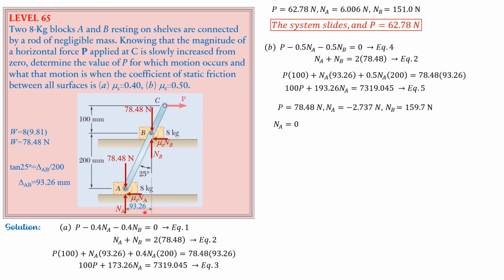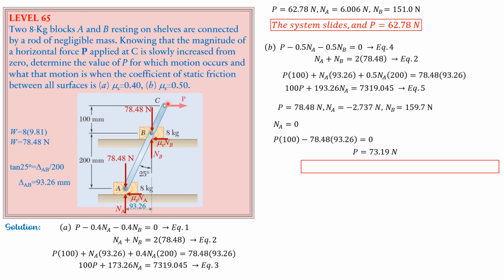Then we sum up moments about B. Take note that there's no NA and there's no friction under block A. So summation of moments about B equals 0: P times 100 minus 78.48 times 93.26 equals 0. So P is 73.19 newtons. So for the second part, the system rotates about B and P is 73.19 newtons.